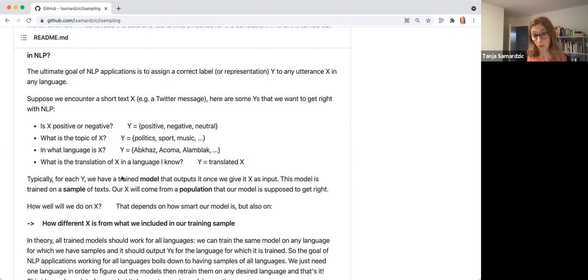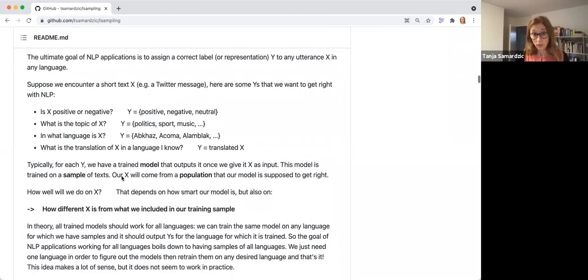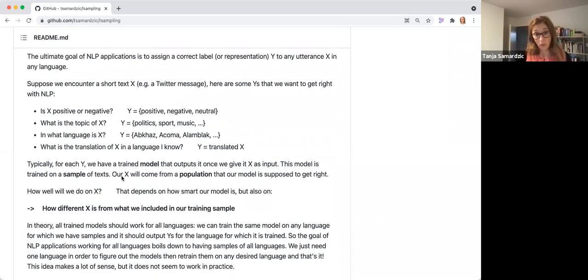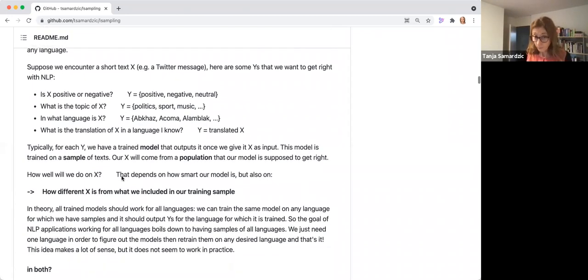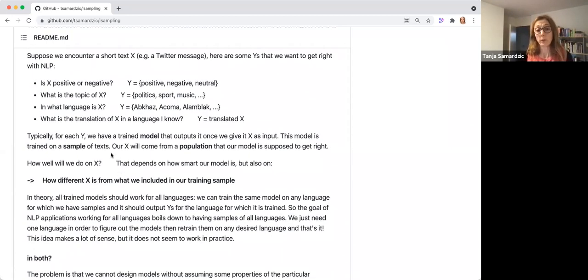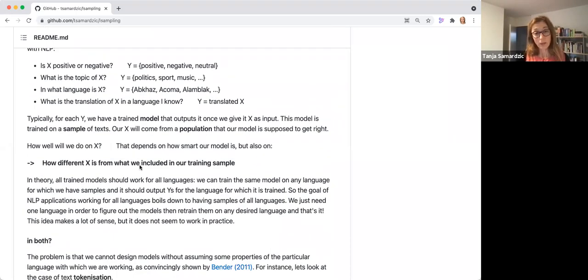Now comes the sampling. Those models will be trained on a sample, always and necessarily, right? The success of our model will of course depend on how good the model is, but there is also a really, really strong relation with the sample.